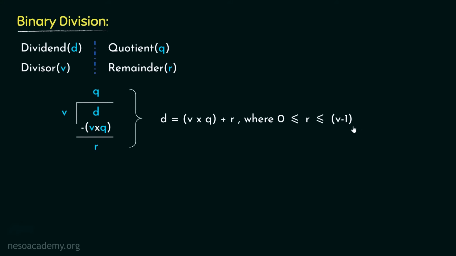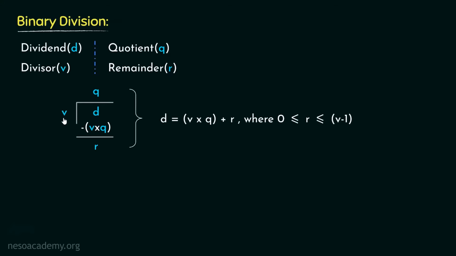Now why this range? Think about this situation. Say we have both the dividend and the divisor as 3. Now in this case, we will have the quotient as 1 because 3 into 1 will give us 3. So 3 minus 3 will result in the remainder 0. Now suppose we have the dividend as 5 and the divisor is still 3.